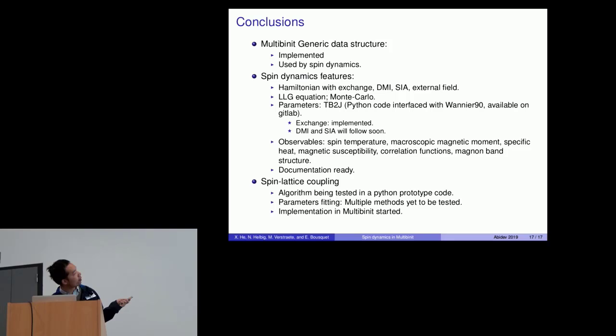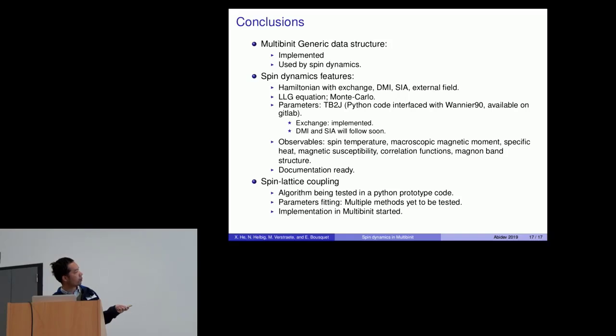We have the LLG equation for spin dynamics, and we can also do Monte Carlo. We can get the exchange parameters from the TB2J package, which you can download from GitLab. We can get many observables from the dynamics. The documentation is already in MULTIBINIT and will be in the next version.